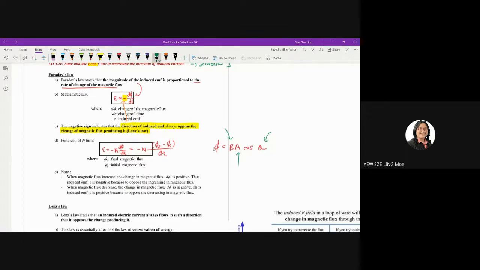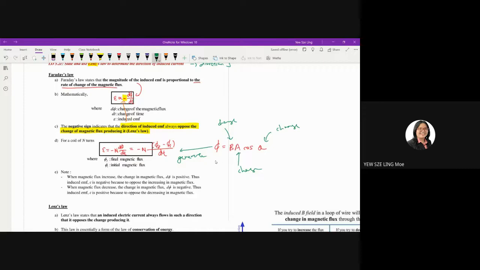If magnetic flux changes, it leads to the generation of induced EMF. Change B, change the angle, or change the cross-sectional area, and it generates induced EMF.